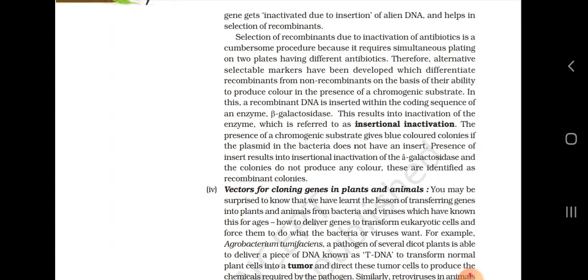Today we will start with how, in a culture, the recombinants are differentiated from the non-recombinants. The first process is the inactivation of the antibiotics. If a foreign DNA gets joined at a particular cloning vector site, suppose we are taking BamHI and a foreign DNA is joined at a tetracycline resistant gene.